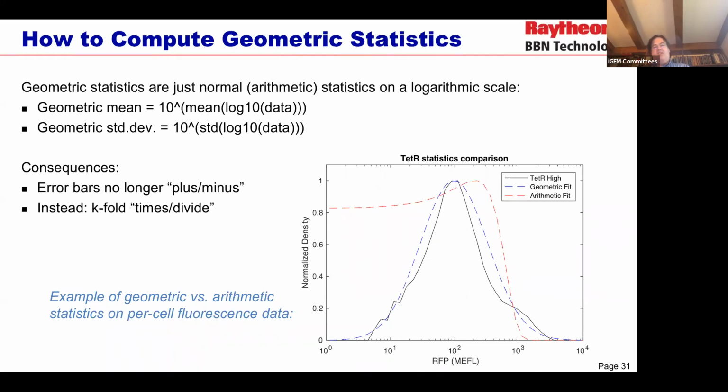What I want you to notice is that the geometric fit looks like what the cells are actually doing, and the arithmetic, plus minus, normal mean, normal standard deviation has nothing to do with the actual shape of that cell distribution. It's all weird.